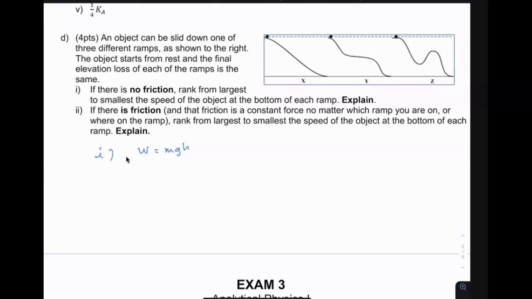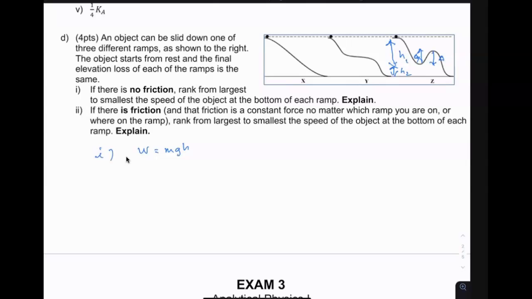And even though in the third part here, where there's a displacement down h1, and then there's a vertical upward displacement of delta y, that work going upwards is negated by the work going back down. So the total work is equal to mg times h1 plus h2, which is the same in each case.